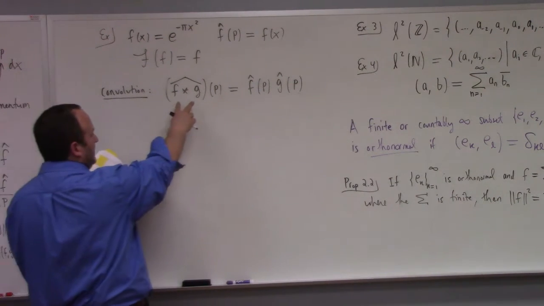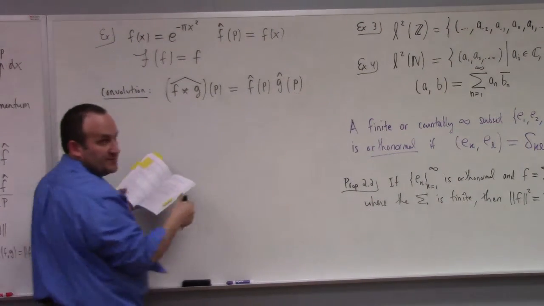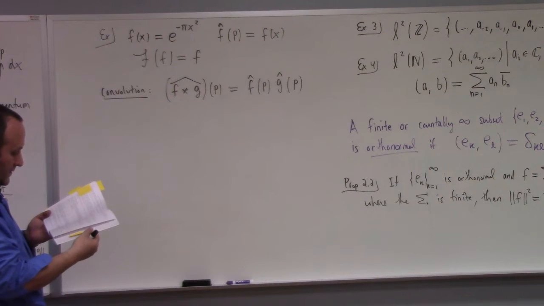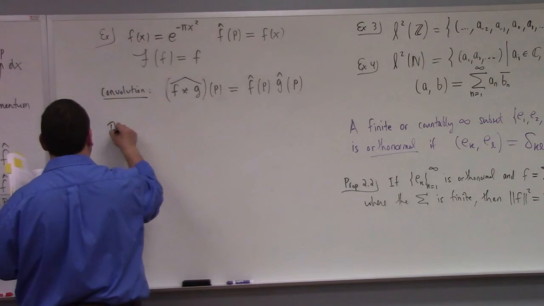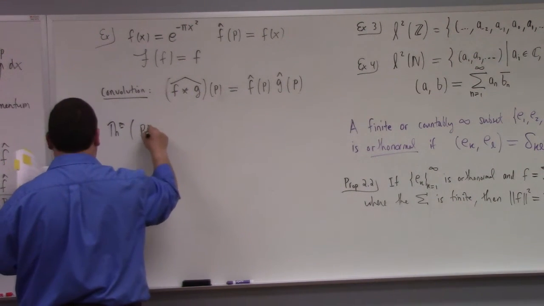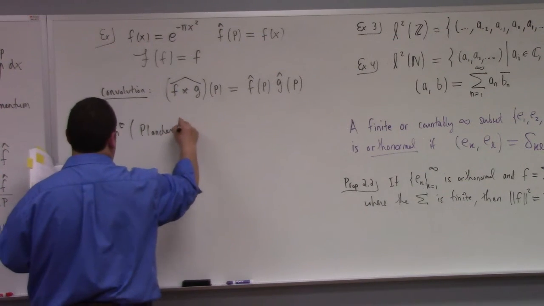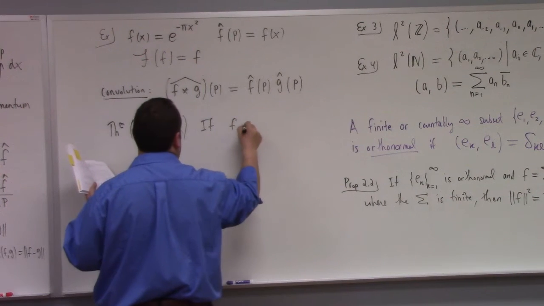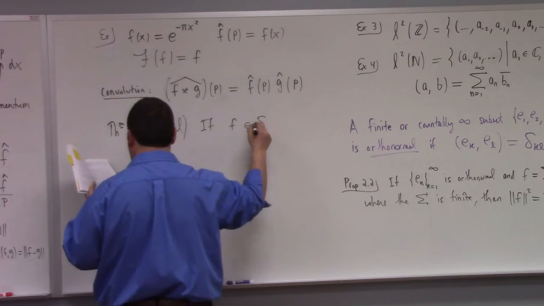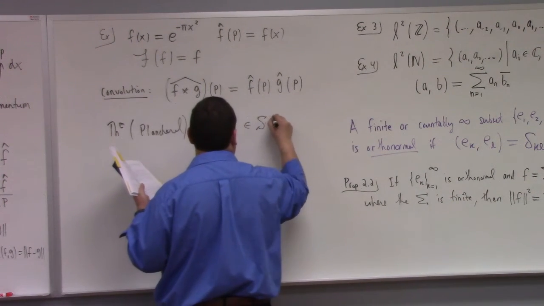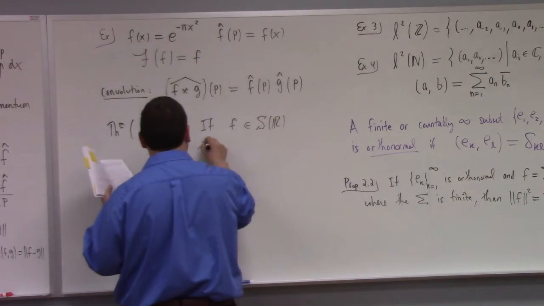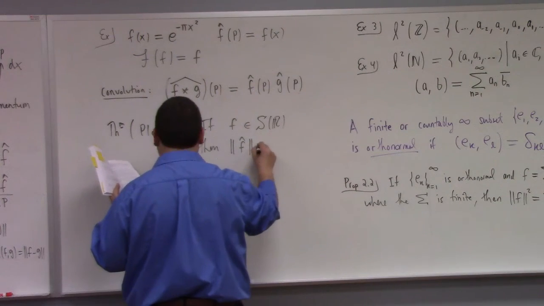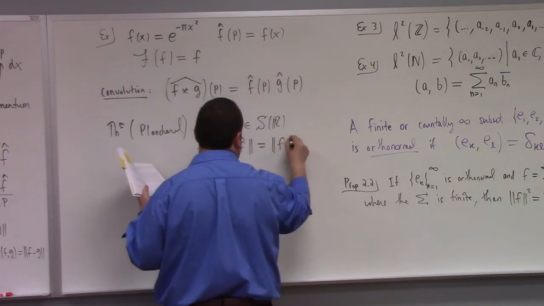The Fourier transform of the convolution is the product of the Fourier transforms. It's very nice. There's a theorem by Plancherel which says that if f is in the Schwartz space, then the norm of the Fourier transform is equal to the norm of f.